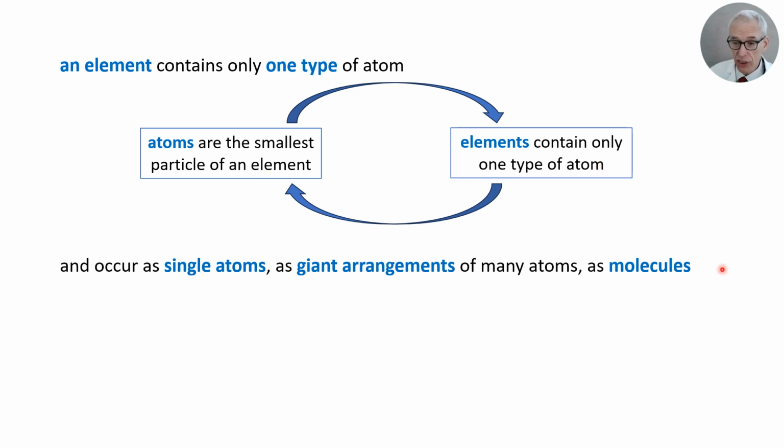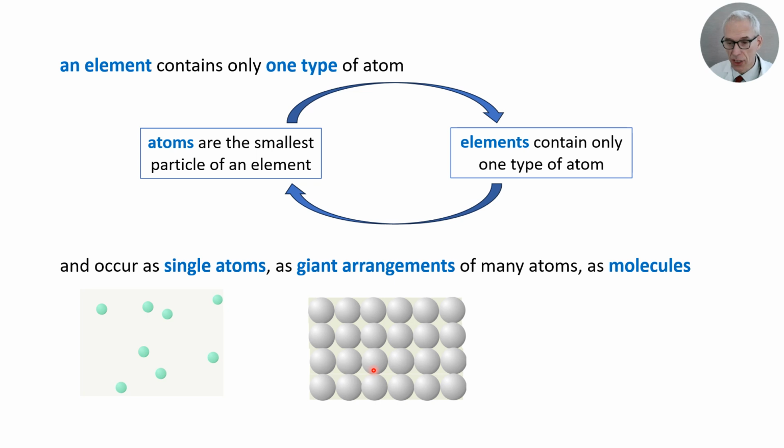However, the structures in which we find those atoms can vary. We can have single atoms, giant arrangements of many atoms, or molecules, which we will define more closely in a following lesson. We can take single atoms such as helium, giant arrangements such as the atoms in sodium, or as a molecule, the atoms of sulfur linked into a ring of 8 sulfurs.